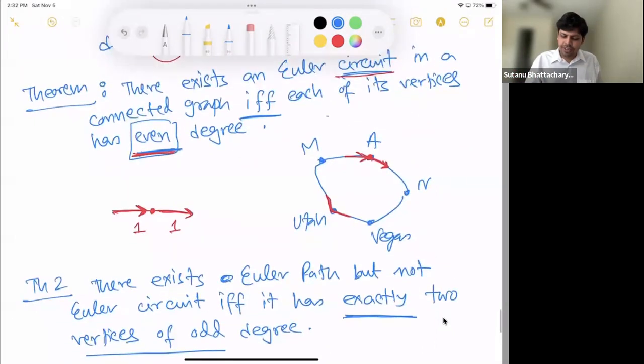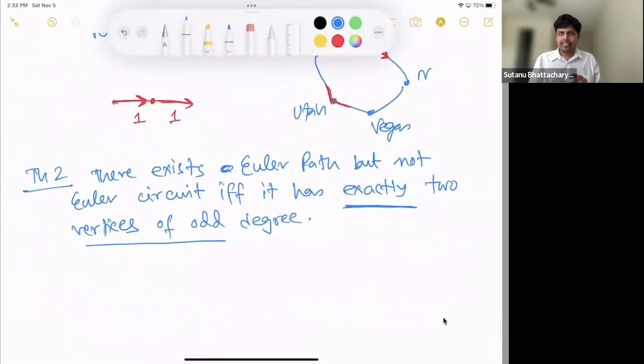What is the difference between theorem 1 and 2? Theorem 1 is saying that all vertices will have even degree. And theorem 2 is saying that there exists an Euler path but not an Euler circuit if and only if exactly two vertices have odd degree, and the rest would be even degree.